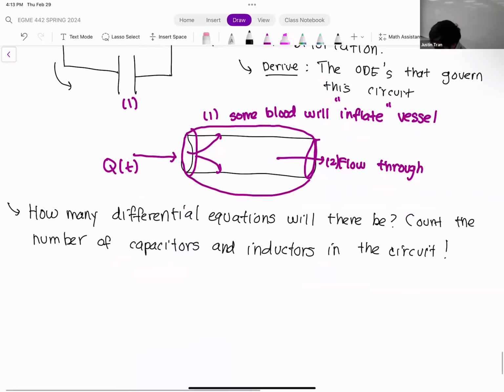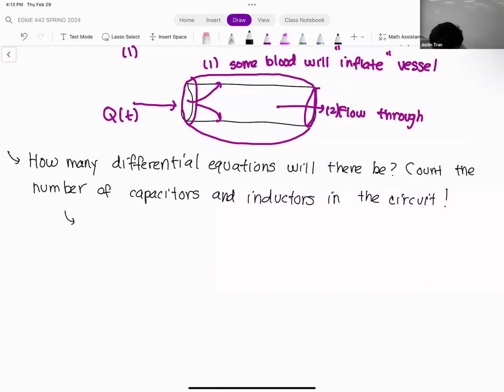Because if you look back to our lecture from Tuesday, each capacitor and each inductor is governed by its own differential equation.